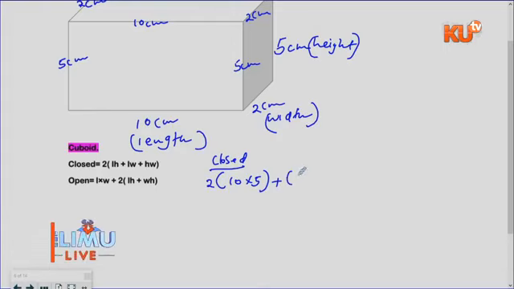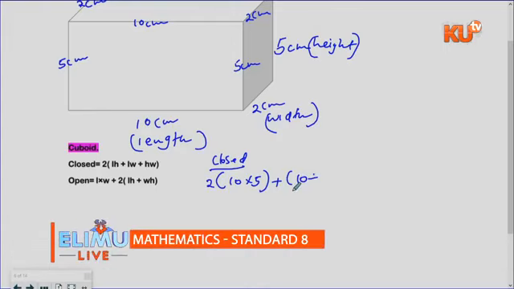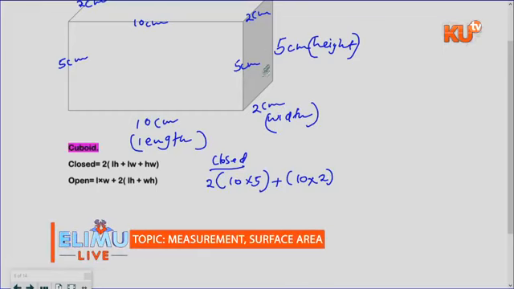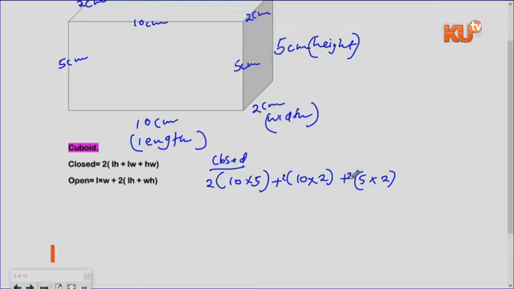So you again take that 10 times 2, and then we have this one here, which is on this side. What is the measurement of this one? 5 and 2. So again you add 5 times 2. Now remember these 2. You are supposed to multiply all this by 2.